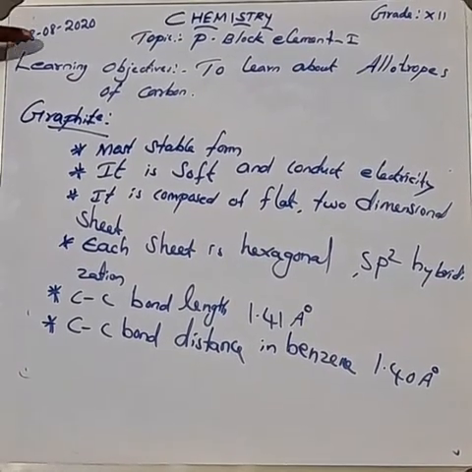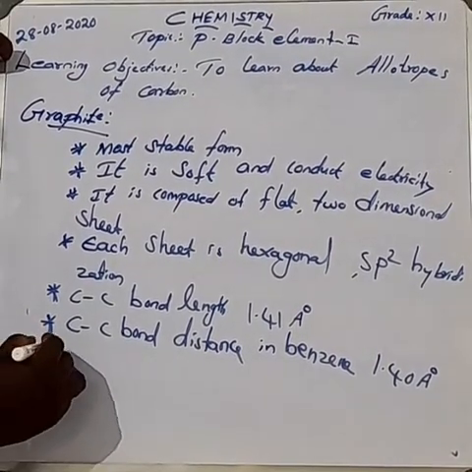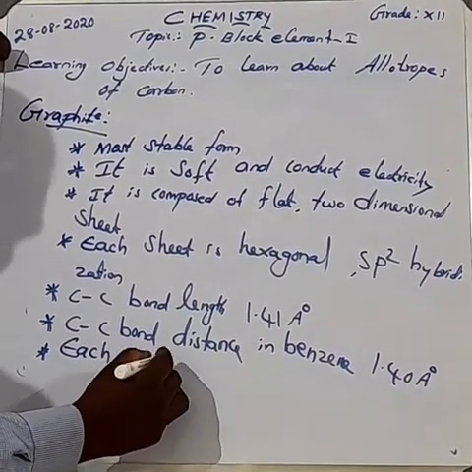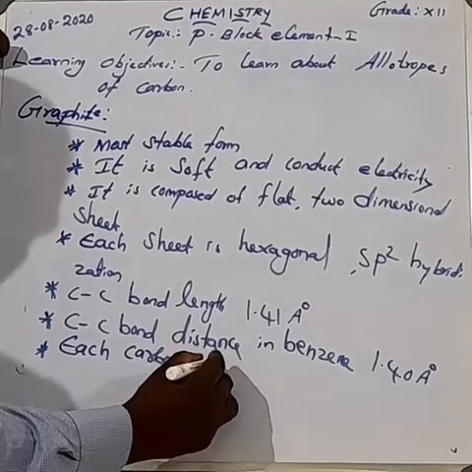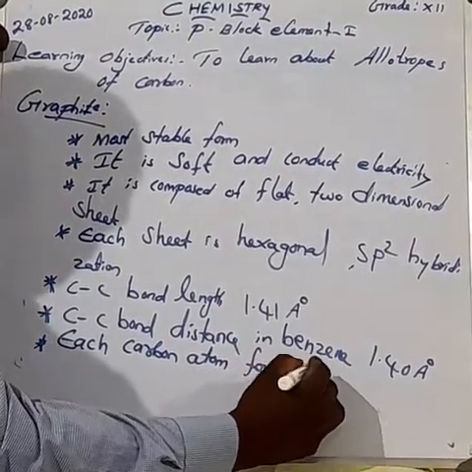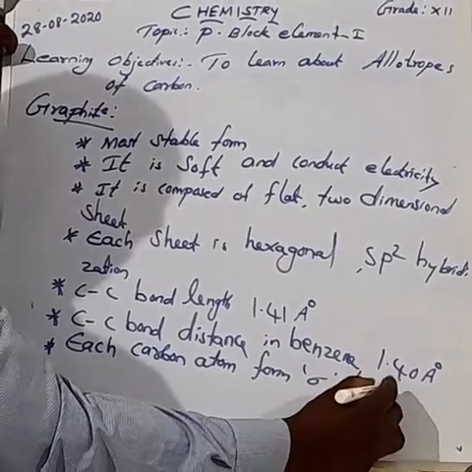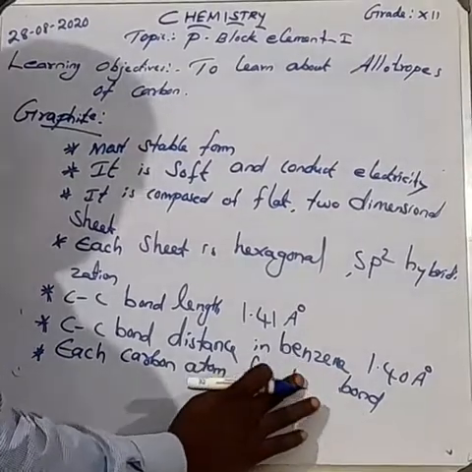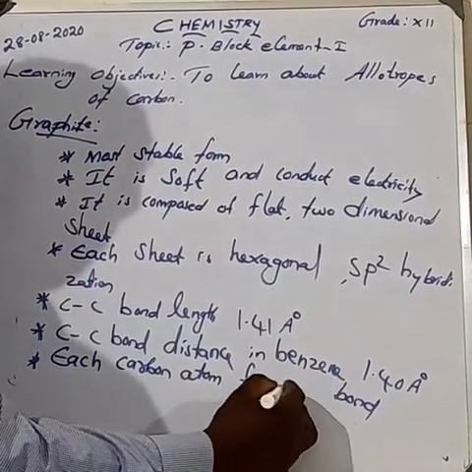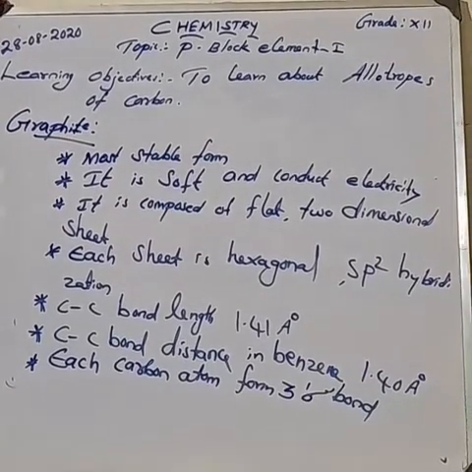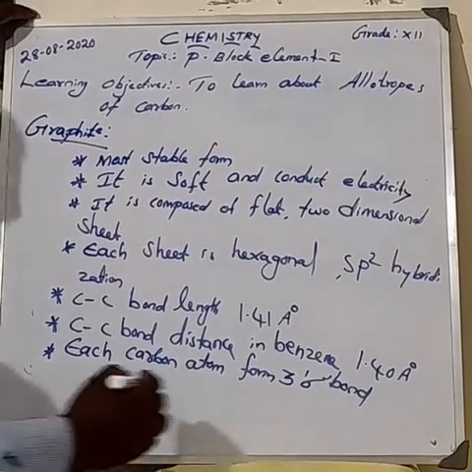Each carbon atom forms 3 sigma bonds with 3 neighboring carbon atoms.